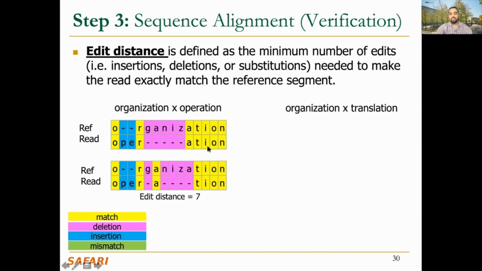The yellow means they are exactly the same. Purple is either insertion or deletion, depending on what sequence you are looking for. If you are looking for organization, then it means you insert them. If you're looking at this, then you delete them or you don't have them, and vice versa for the blue color over there.